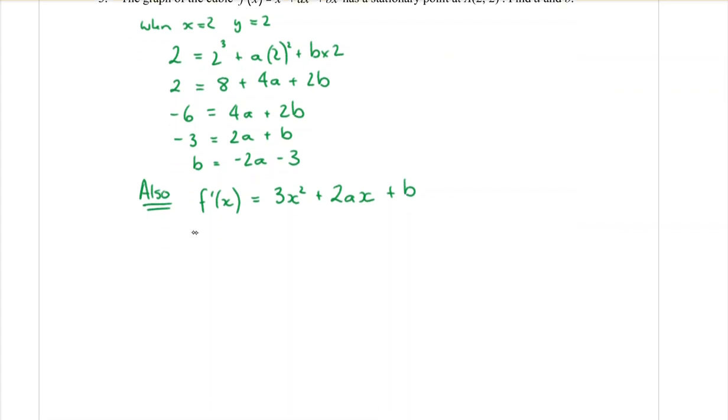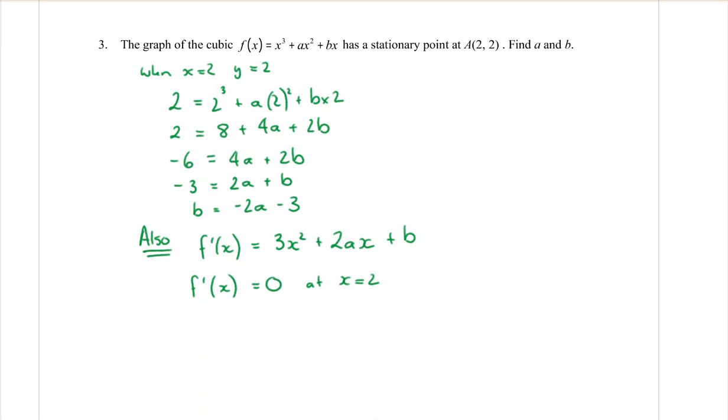As I said, because it's a stationary point, that means my derivative is going to be equal to 0 at x equals 2, because it was at the point 2, 2, and I'm taking the x value from there. I'm not going to take the y value because I'm now talking about the gradient. So subbing f dash x equals 0 and x equals 2, I'm going to get my second equation.